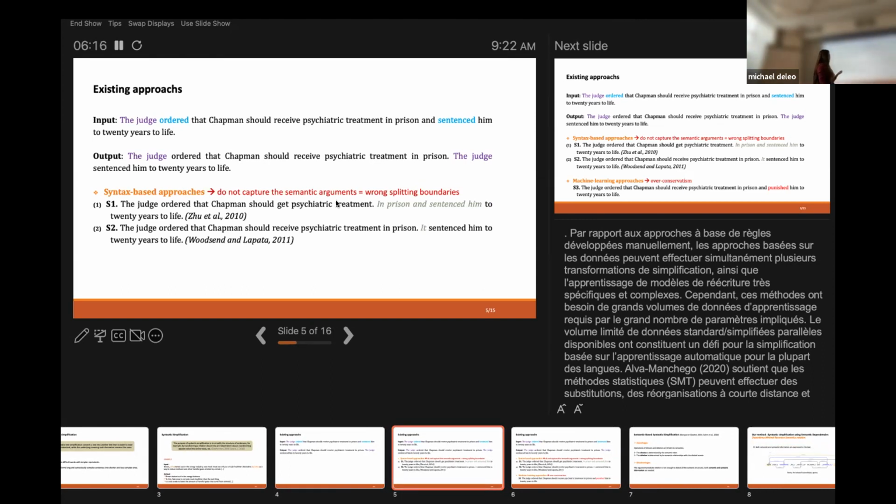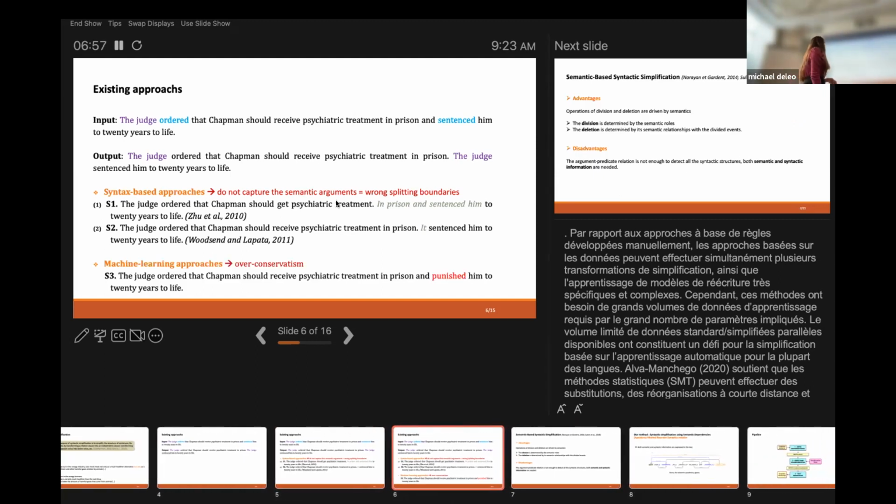The second system splits in the right place, but it rewrites the shared element in a wrong way. The shared element is the judge. Here the system writes it as "it". It's not "it", it's "the judge" or "he". So these are the main disadvantages of these approaches: they do not capture the semantic arguments, so they split in a wrong place.